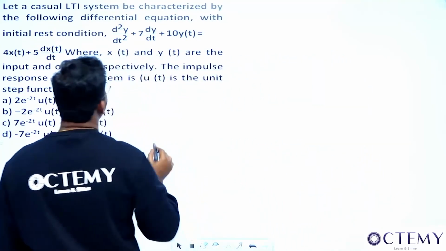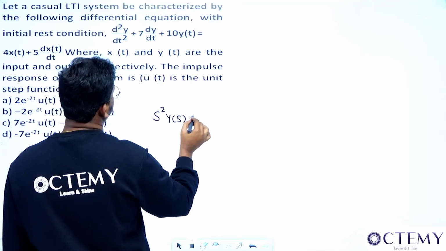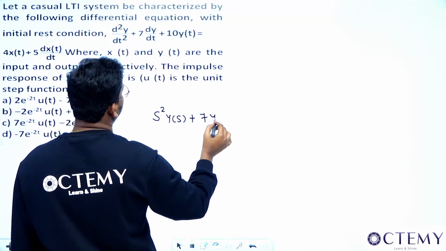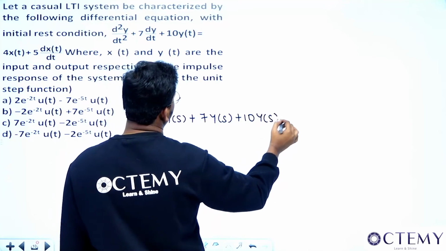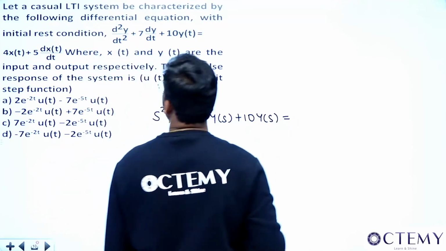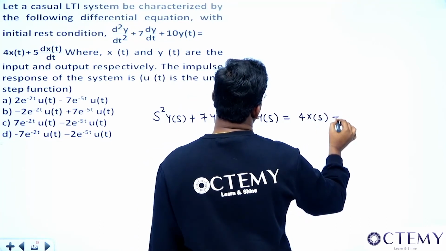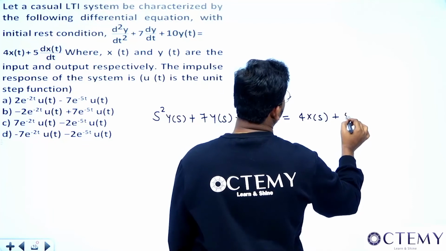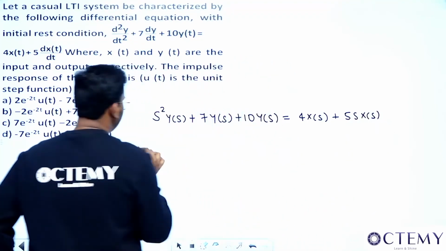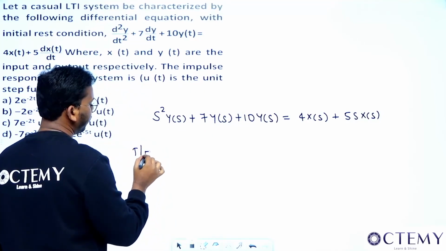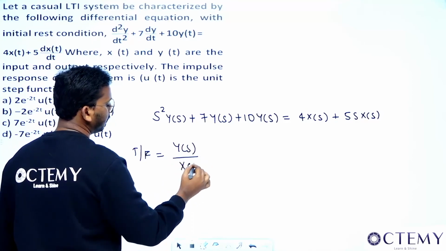So if you find the transfer function, it will become s²Y(s) + 7sY(s) + 10Y(s) is equal to 4X(s) + 5sX(s). So what will this become, sir? The transfer function H(s) is equal to Y(s) divided by X(s).